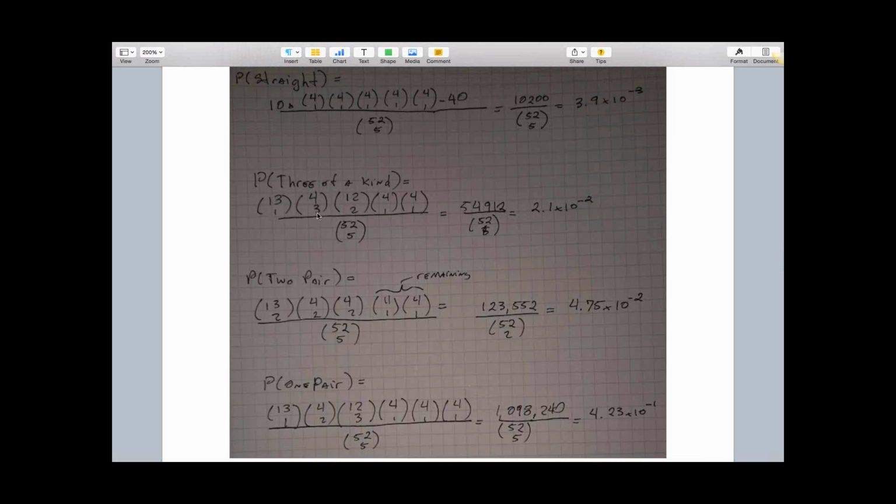Like by definition, it needs to be a different suit. And this is choosing the pair. I'm sorry. Yeah, now my memory on this one's getting tripped up.